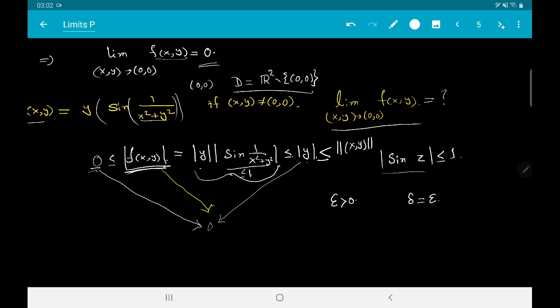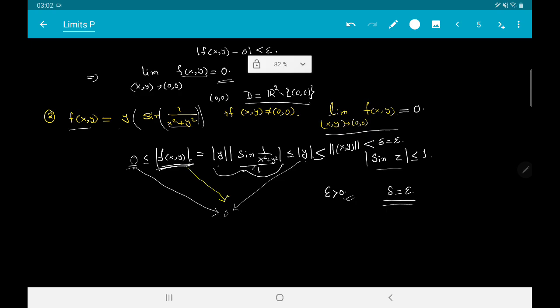So you gave me an epsilon, I chose delta to be equal to epsilon, which is bigger than 0. And you see, if norm of (x,y) is less than delta, which is epsilon in our case, then modulus of f(x,y) is less than epsilon. So what we have proved is that this limit exists, and not only that, it is equal to 0.